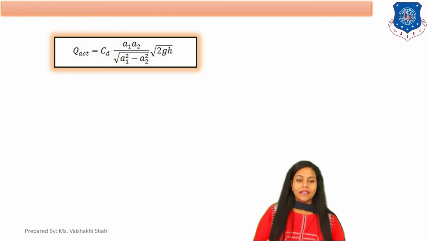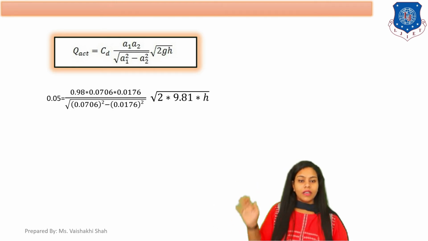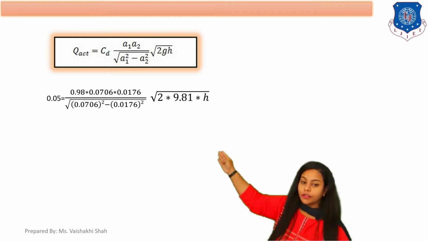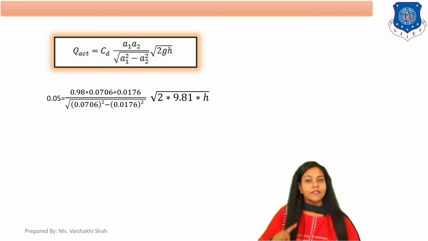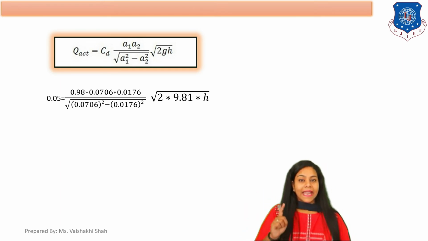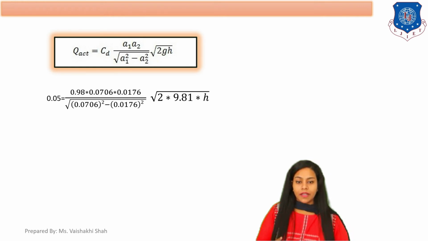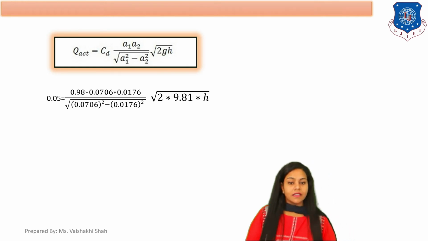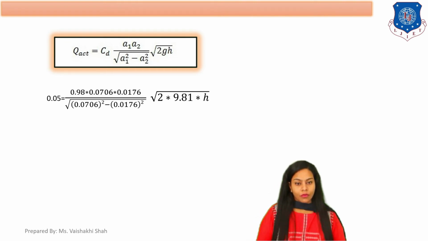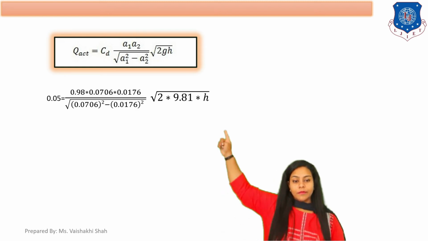We know the equation for Q actual: CD into A1 A2 divided by under root A1 square minus A2 square, into root 2gH. Now in the whole equation we know the value of Q actual, that is 0.05, CD is 0.98, A1 is 0.0706, A2 is 0.0176, and g is 9.81.